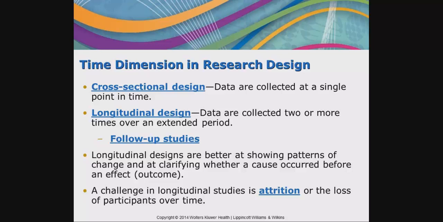For example, my dissertation, I collected data in a cross-sectional design 3 times over 6 months. There you go. Longitudinal designs are collected 2 or more times over an extended period. And this may be over months or years. And the Jackson Heart Study that is looking at African American cardiovascular health is years. And it's yielding some very powerful information.